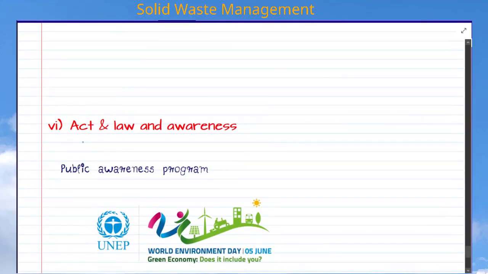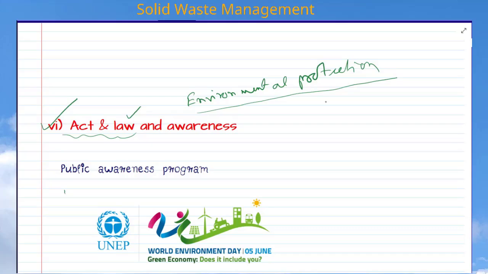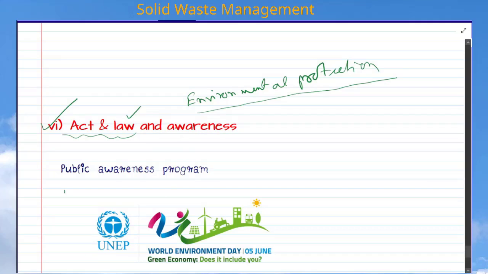Another is that there should be acts and laws, and there are already existing acts and laws for environmental protection. In the case of solid waste also, it comes under the same Environmental Protection Act and law. And above all this, there is another program that is called the awareness program.